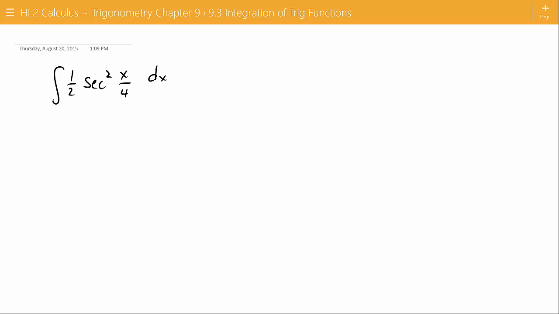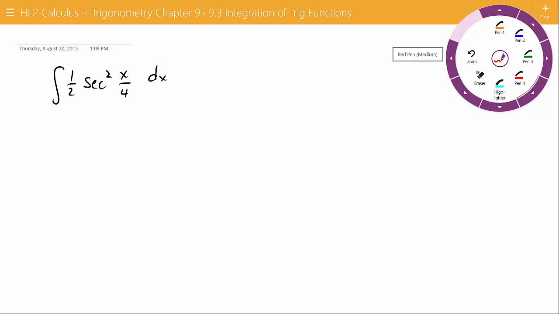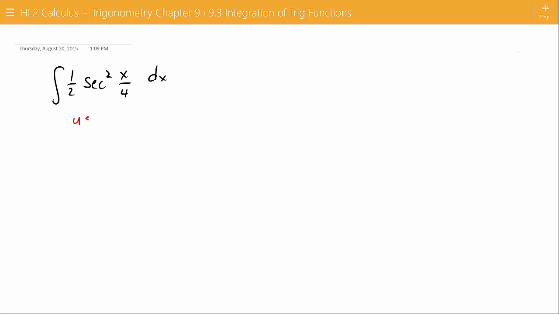Going example crazy here. Why don't you pause the video and see what you can come up with for this. I keep saying u as a hint. So let's let u equal x over 4. Du is equal to 1/4 dx. Now, here's a little wrinkle. I've got this 1/2 here already.